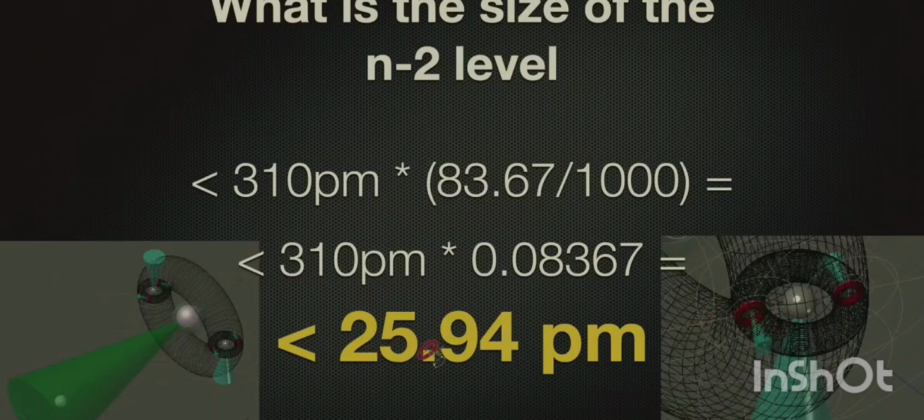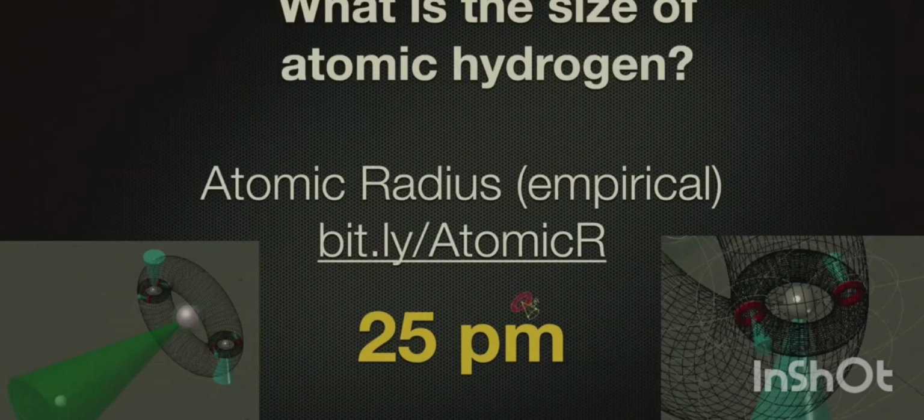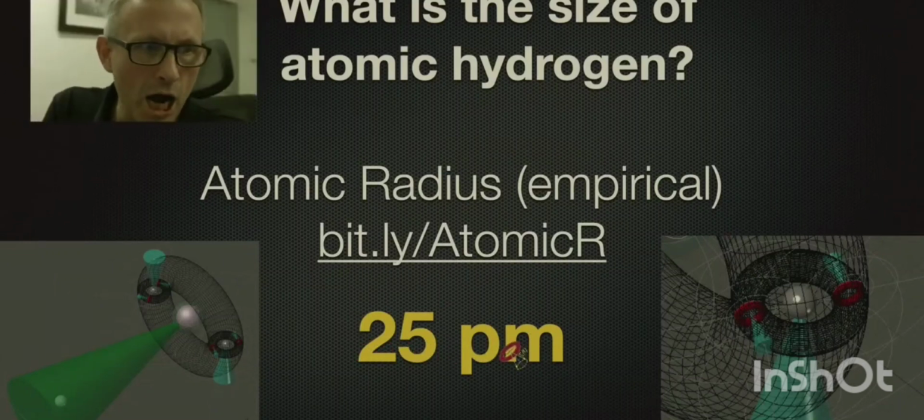So this is an overestimation of the size. It's going to be smaller than that. And what is the size of atomic hydrogen? It is 25 picometers. Boom!